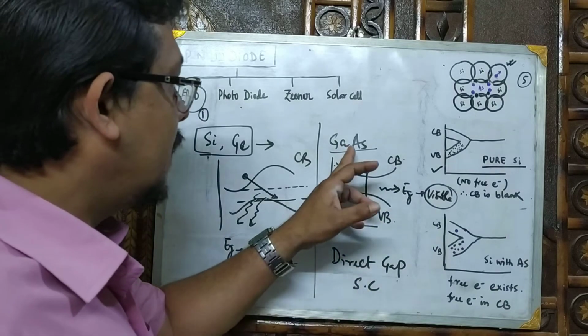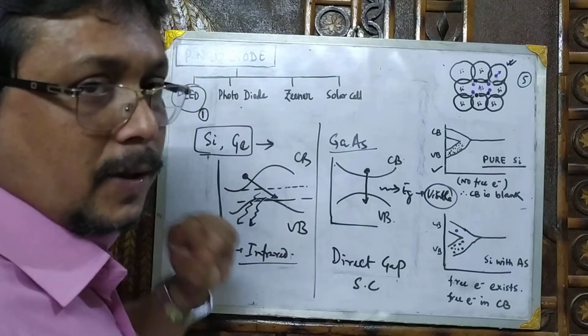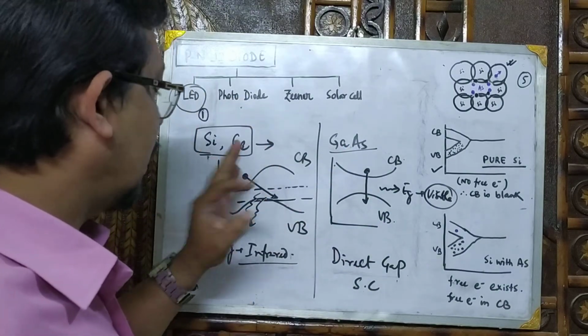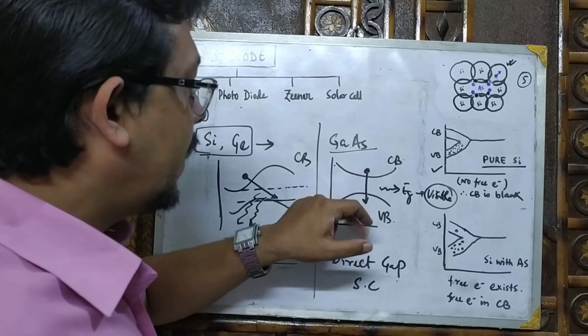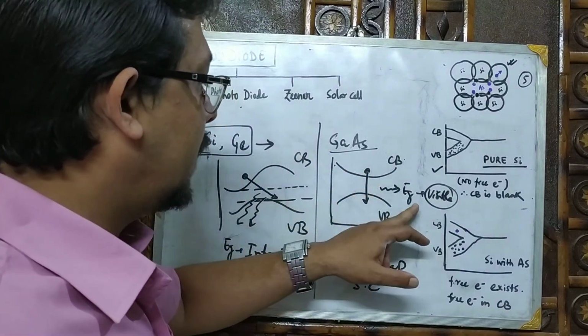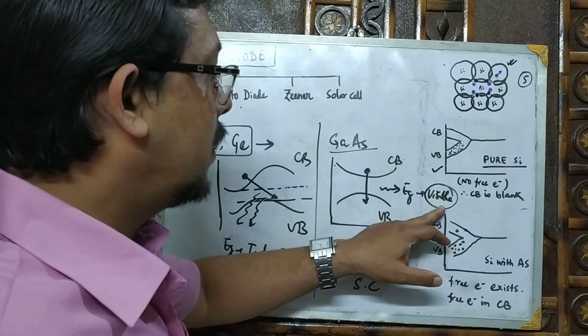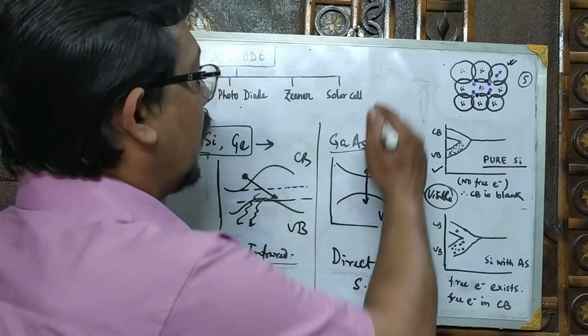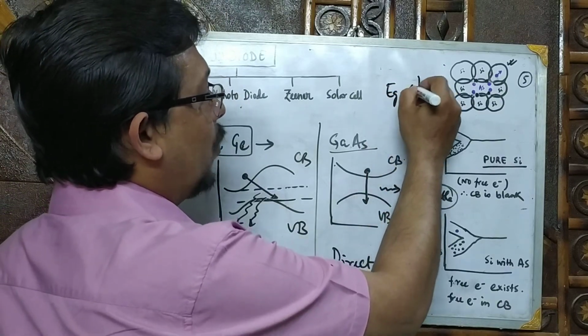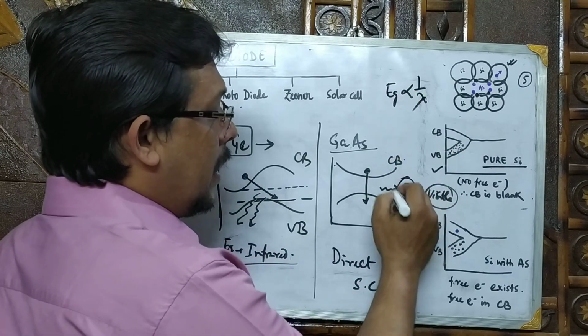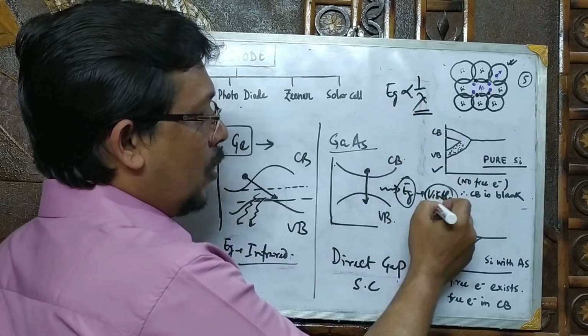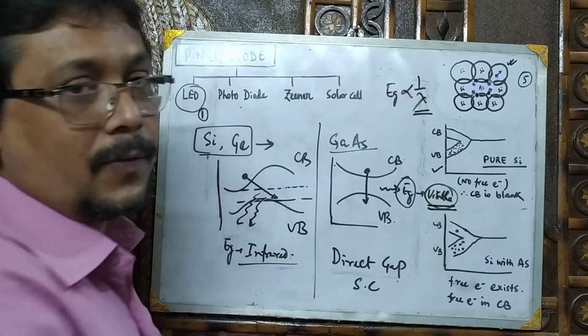But in case of gallium arsenide type of material, when we use it instead of germanium or silicon, the momentum change is not essential, and for that the energy which is coming out gives a wavelength, because we have just seen that Eg is proportional to 1 by lambda. So this Eg gives the lambda in the range of visible light. That's why we can get visible light.